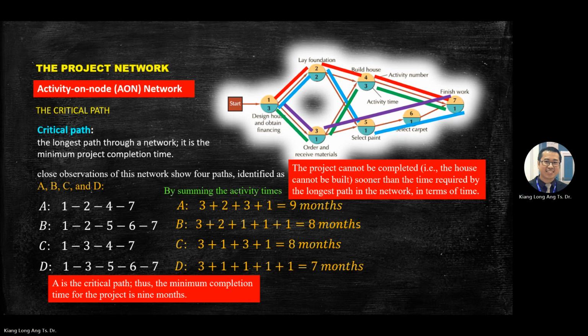Okay. So this project is building a house. Building a house, you need to tell your customers what is the maximum time you need. You cannot tell your customer 7 months. You will squeeze your resources. You only tell the maximum time in your projects. Although the word minimum here might be confusing for some of you, critical path will tell you, when you do negotiation, what is the time that you need to use.